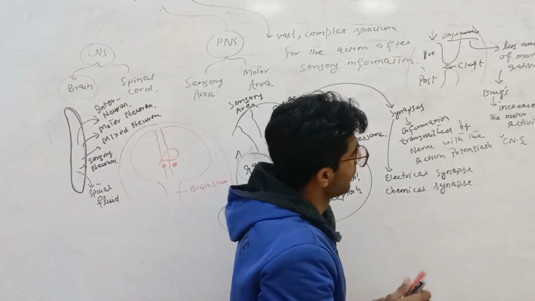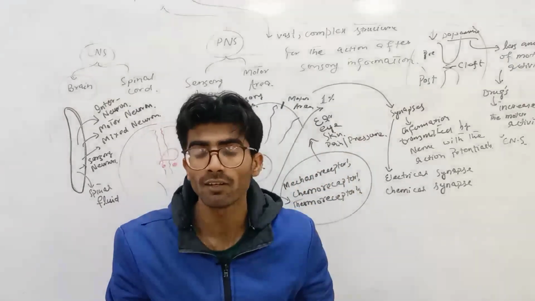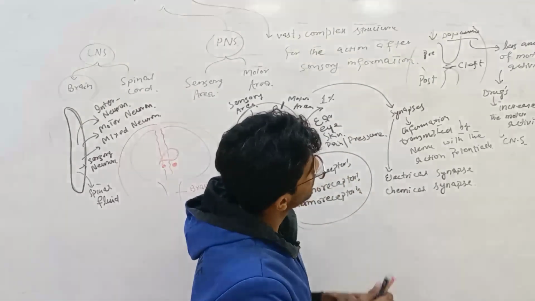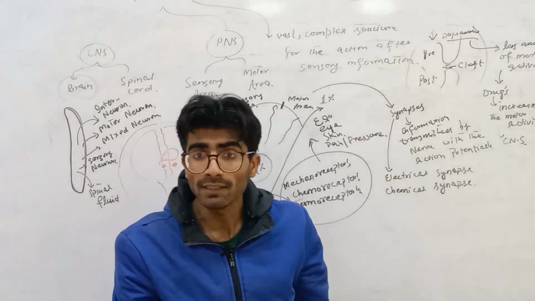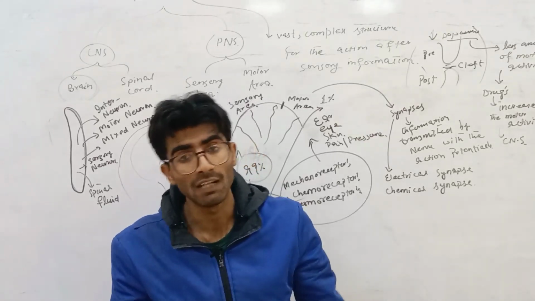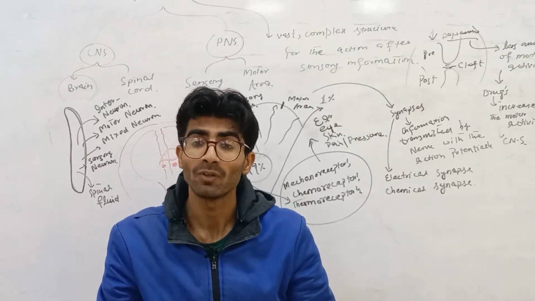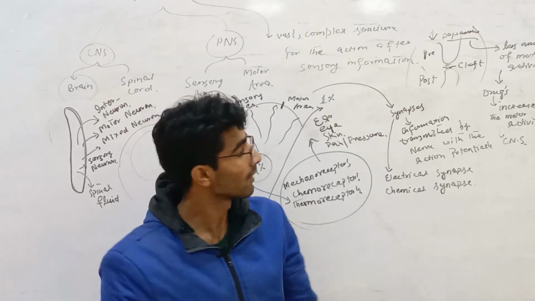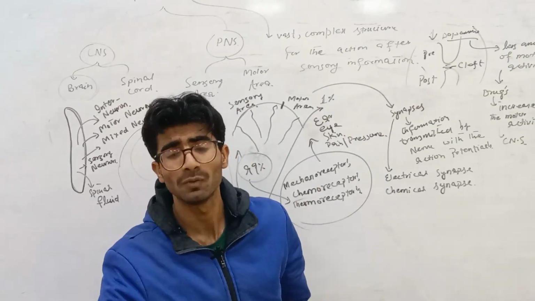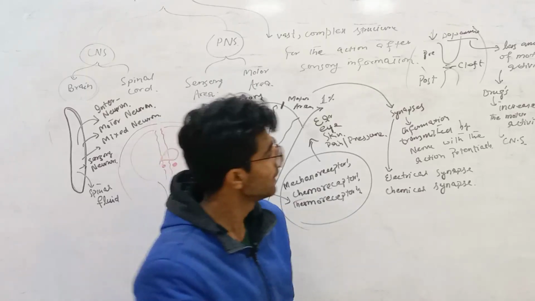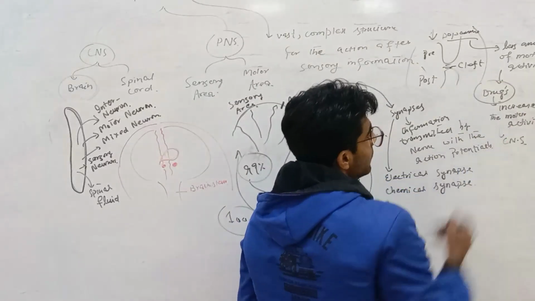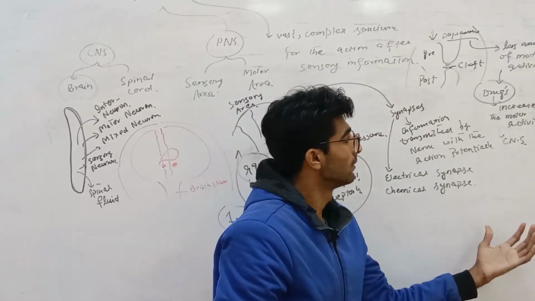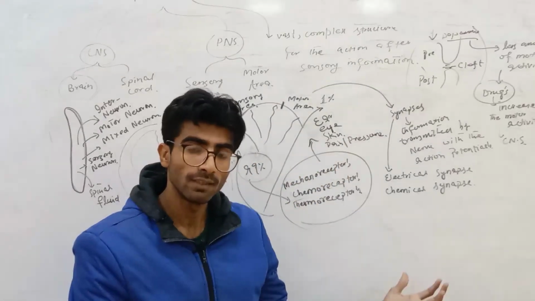So with the help of drugs, we increase the motor activity in the central nervous system. If the dopamine concentration is secreted normally with the help of drugs, it means drugs stimulate the motor activity. Different kinds of drugs you will find in pharmacology. So with the help of drugs, motor activity is increased in the nervous system.